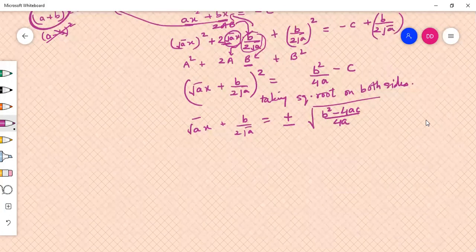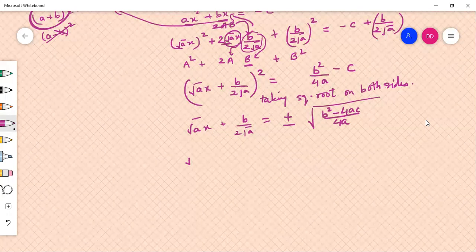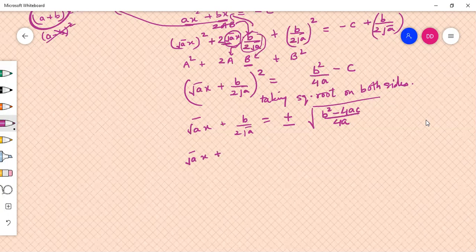Further, since I'm solving for x, taking this constant term to the other side, √a x equals minus b over 2√a plus minus root of b² minus 4ac, and this denominator will become now 2√a.